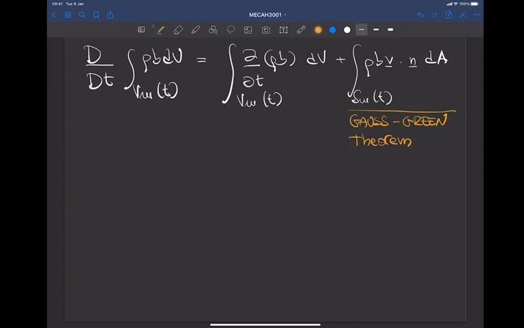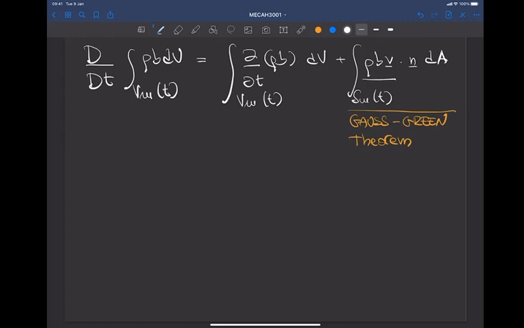This is also called the divergence theorem, and so it's something that you probably know from your previous math classes. Basically, by applying the Gauss-Green theorem, we can simply express this surface integral with the scalar product as a volume integral with the divergence of this quantity here.